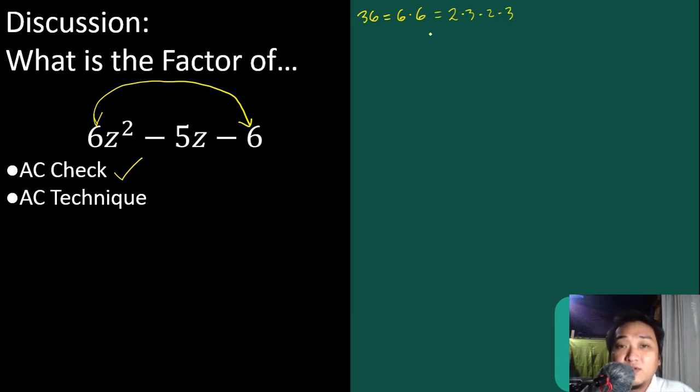Now, ang objective natin dito, kailangan alamin natin yung mga factors ni 36, such that we should identify two factors of 36 that will sum up to negative 5. So, ulitin ko lang, kailangan alamin natin yung dalawang factor ni 36 na pag inadd mo silang dalawa, it will result to negative 5. Itong nasa gitna, itong middle term.